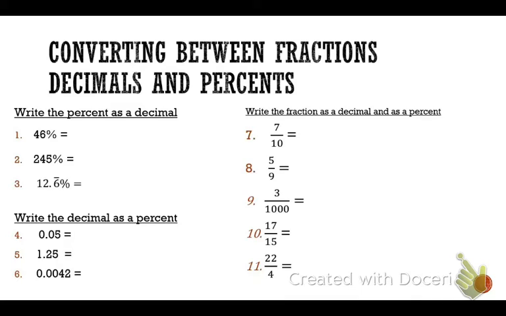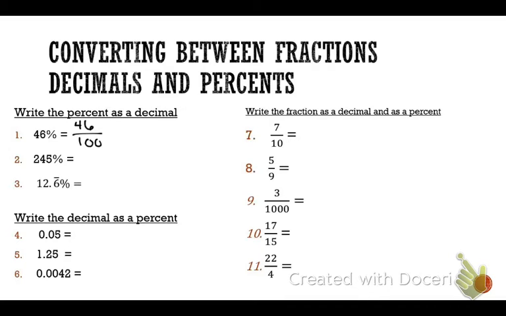When I say a percentage, it's always out of 100. So 46% means 46 over 100. I'm not going to make you write this step every time, but I need you to understand why you're moving your decimal the direction that you are moving it.